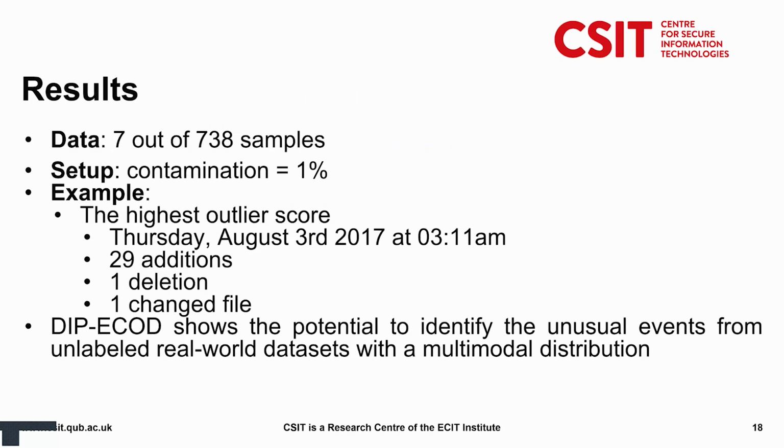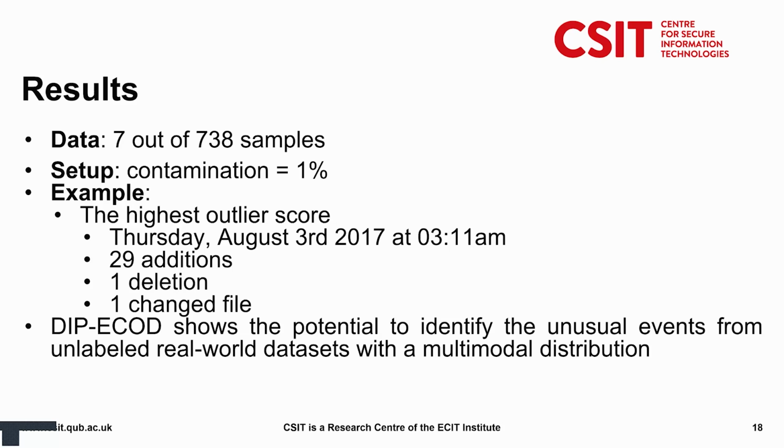So I will just pick one of the 10 repositories to demonstrate the result on the real-world data set. The repository we picked includes 738 commits, and we set the contamination to 1%, which means the 1% of commits with the highest outlier scores will be identified as outliers.